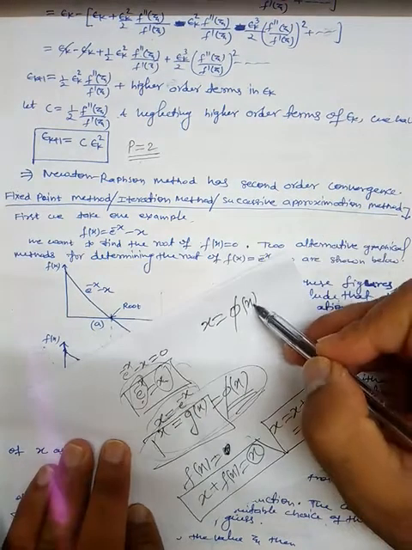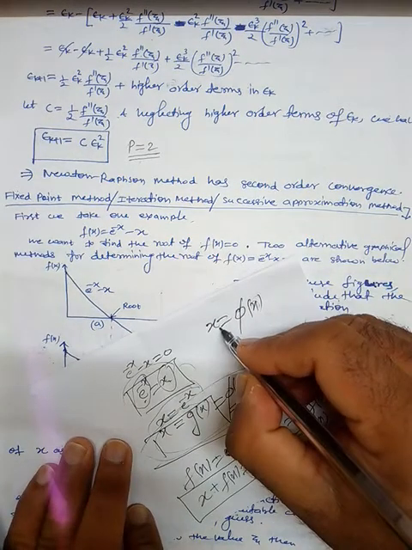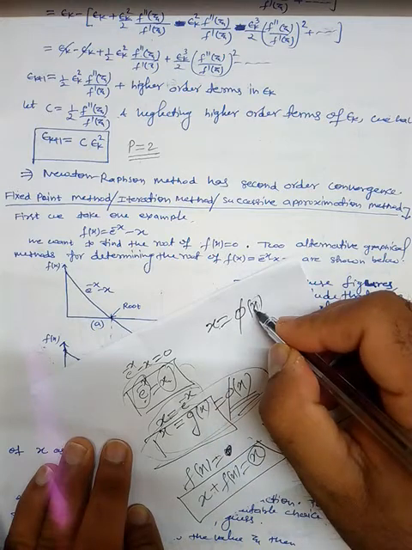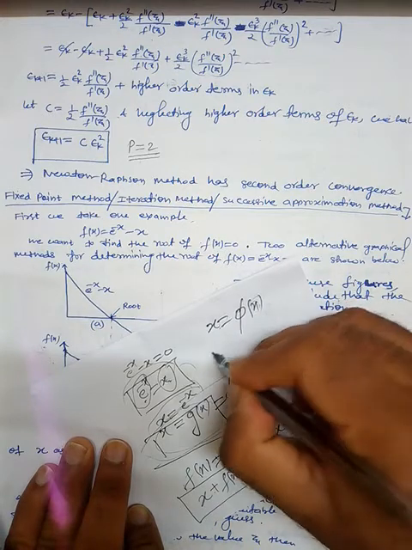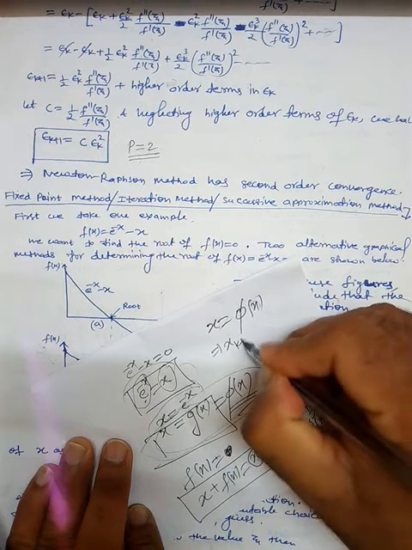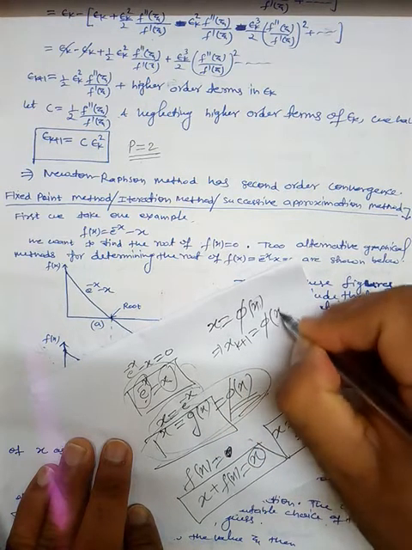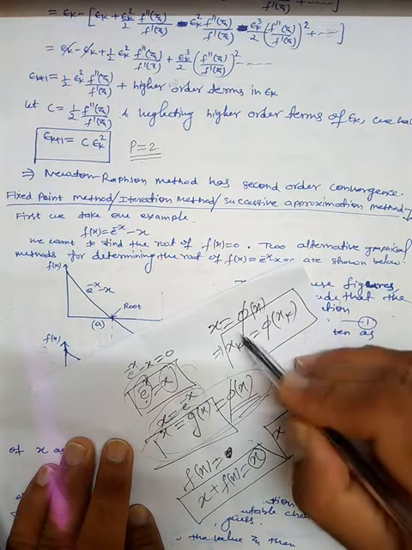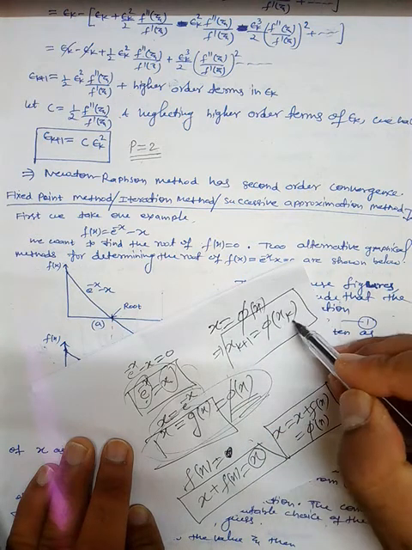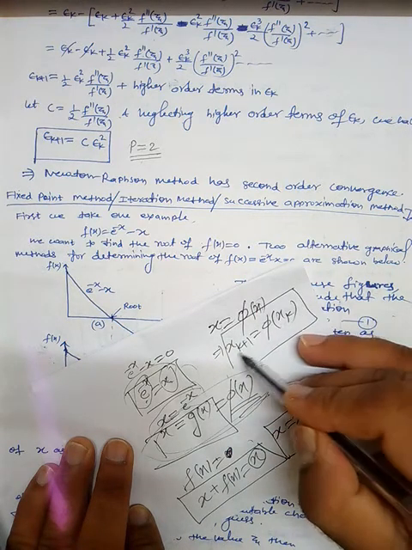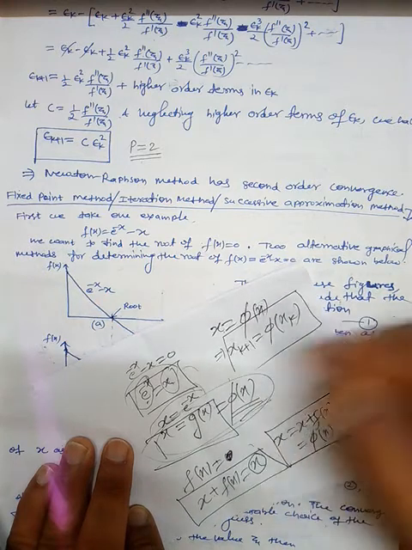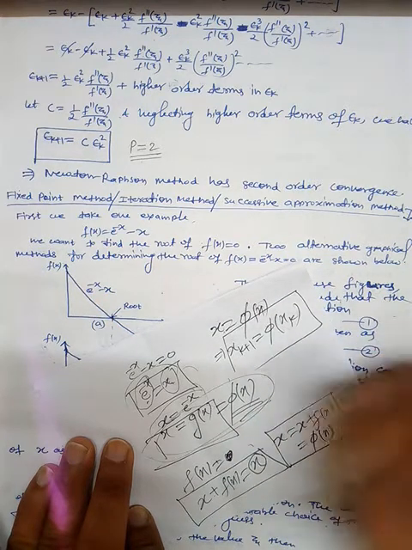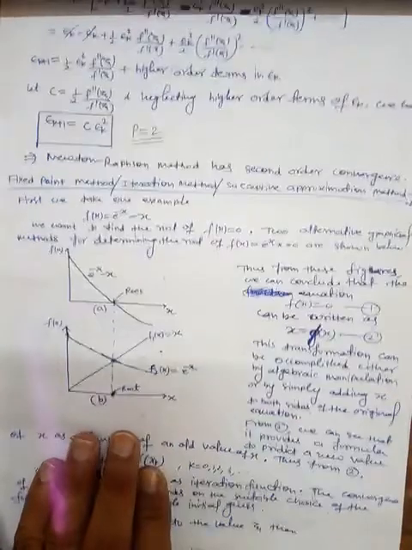When you put some x here, you will get another value of x, again put that x here, and you update again. So in iterative form we can say x k plus 1 is equal to phi of x k. Just substitute the old value here, you will get the updated value. Again substitute it here, x k plus 1, and get x k plus 2. So this is the recurrence relation between x k plus 1 and phi of x k.